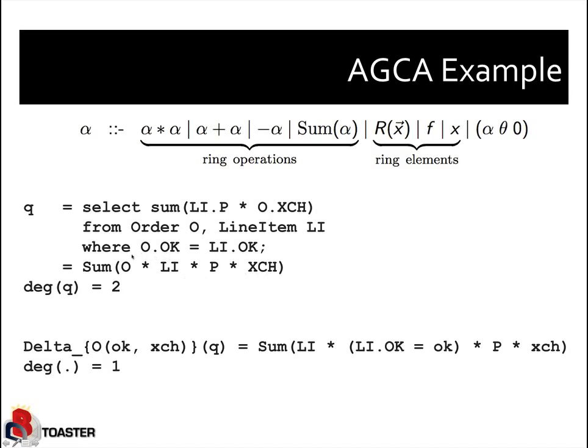So observe that order and line items are relations, and the multiplication is the natural join on them. I can also use variables coming from those relations. That means columns, P and exchange rate from order and line item, and just multiply those in. What does this mean?